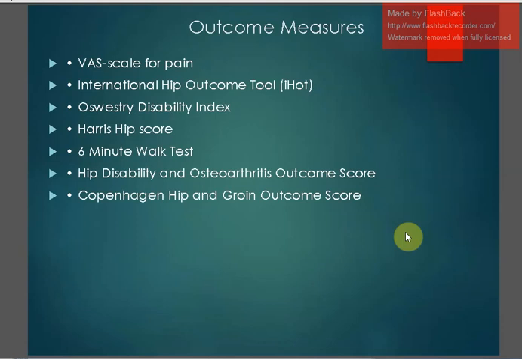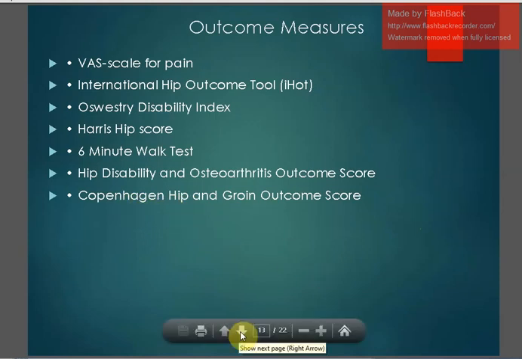In 6 minutes, what is the distance covered by the person, and what is the pain level? If the pain is more or is restricting, he may not be able to walk. Then the Hip Disability and Osteoarthritis Outcome Score and the Copenhagen Hip and Groin Outcome Score are a few of the outcome measures.